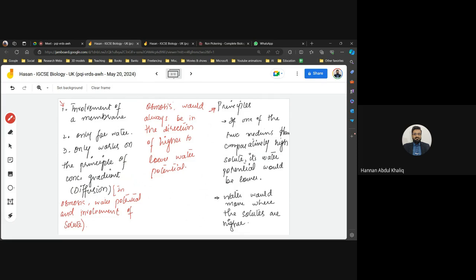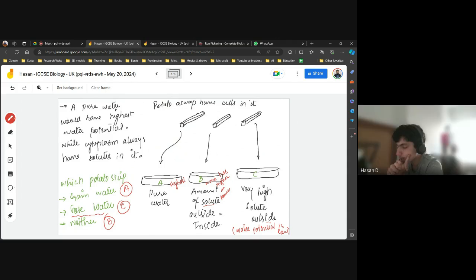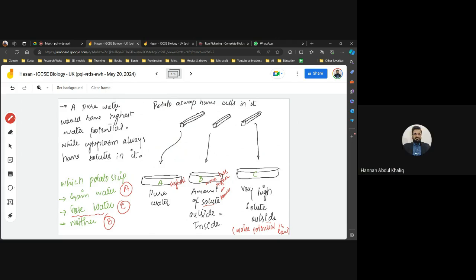Now, focusing on these principles, try understanding the results that I have written over here. Can you process the results on the basis of the principles mentioned? Yeah, it makes sense now. Always remember where solute is higher, the water potential would always be lower, so the other medium would have to provide the water.